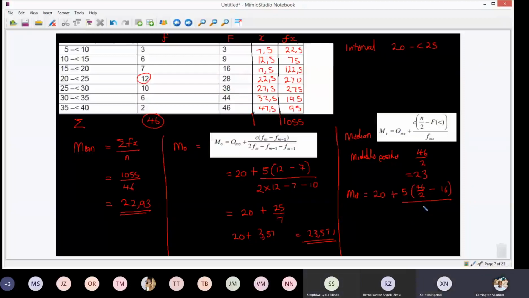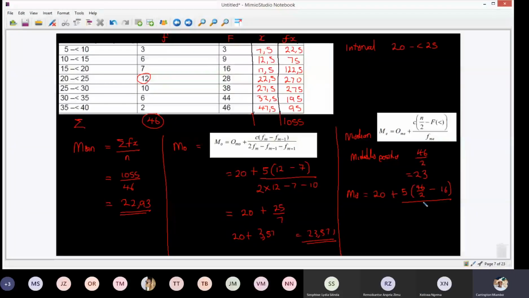Median, right? 28. Frequency, not cumulative, frequency. 12. Correct, it's 12. Then you find your answer.